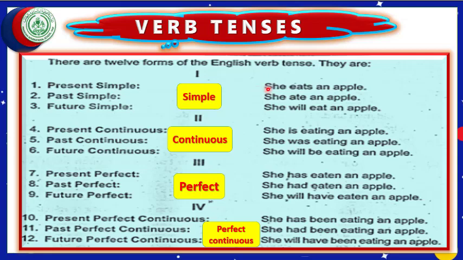When a tense changes, verb changes. How do we come to know that the tense has changed, time has changed, aspect has changed?